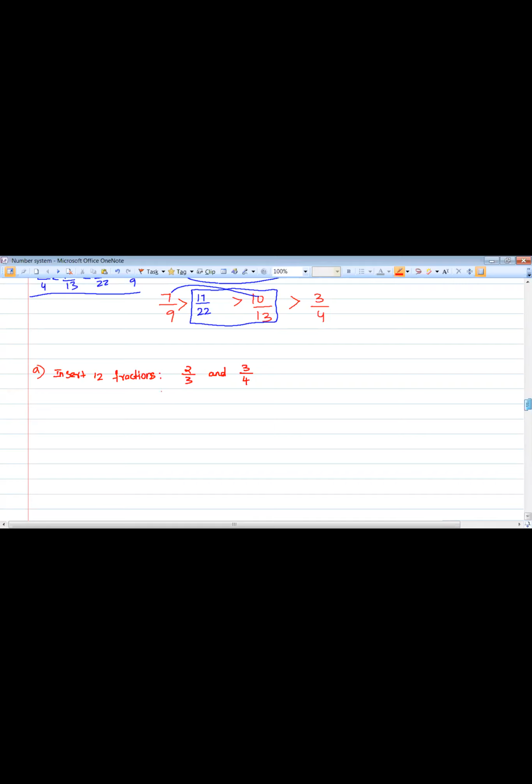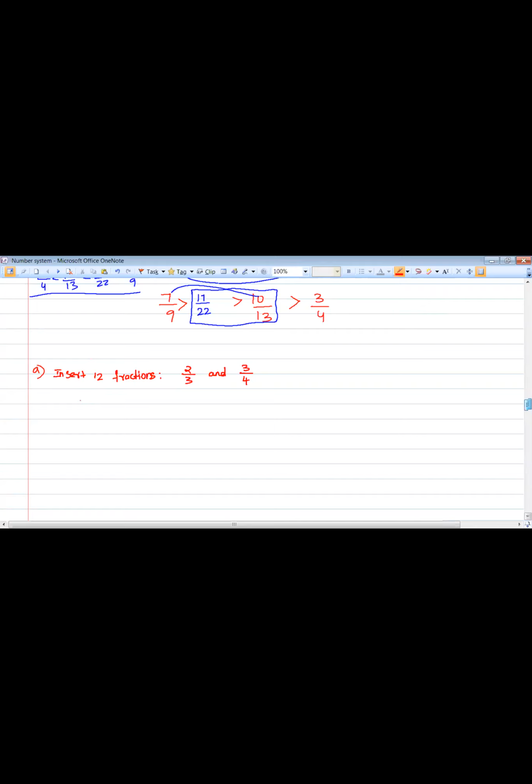So dear students, I will always suggest you to go for method 1 if they are asking more than 5 fractions. If less than 5 fractions they are asking, you can use your shortcut fraction method which I told you right now. Got the point? So now insert 12 fractions.